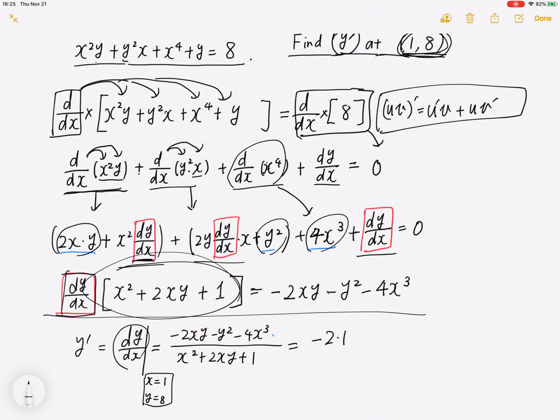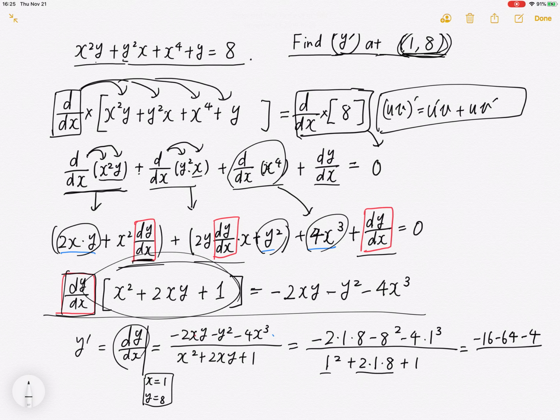So negative 2 times 1 times 8 minus 8 squared minus 4 times 1 cubed, over 1 squared plus 2 times 1 times 8 plus 1. So negative 16. This is negative 16, right? 64 minus 4, over 1 times 1 plus 16 plus 1, so 18.